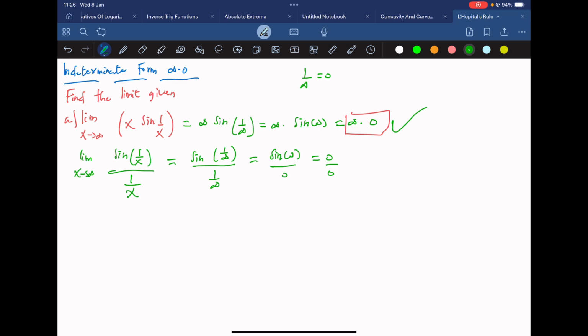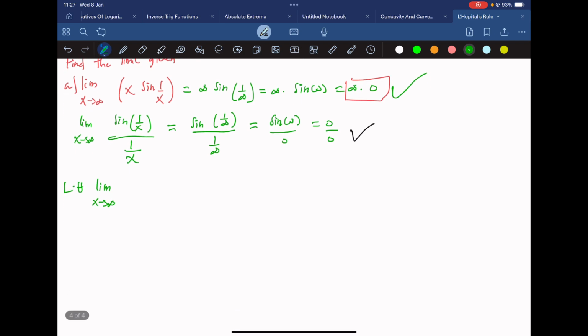So we want it to be 0 over 0 or plus or minus infinity over infinity. Since we've been able to do that, we can go ahead to use L'Hopital. So for L'Hopital, remember, we have to differentiate the numerator and the denominator.